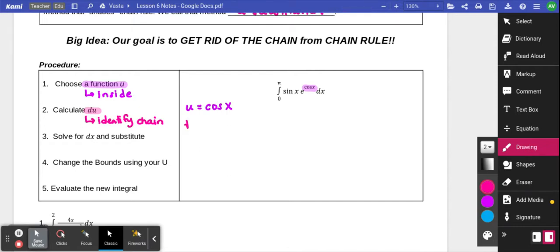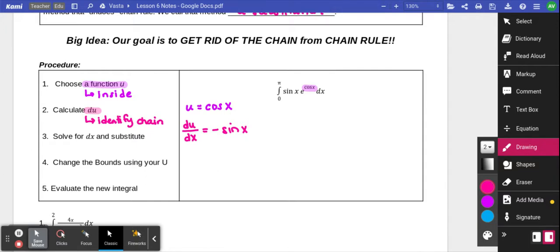In this case, the derivative of u, which I would write du divided by dx because it's the derivative of u with respect to x, would just be the derivative of cosine, which is negative sine of x. So all you're doing is taking the derivative of whatever you identified as your u function.